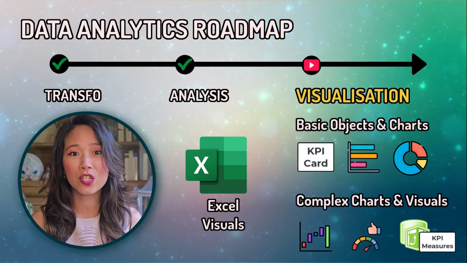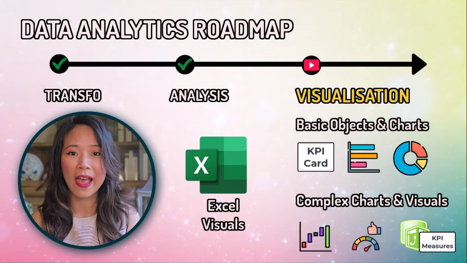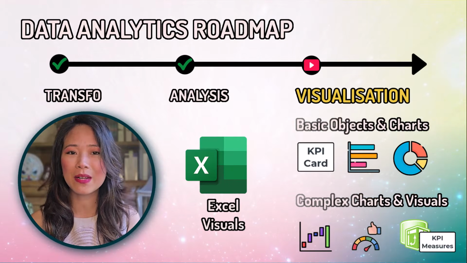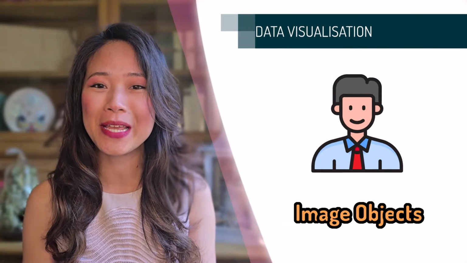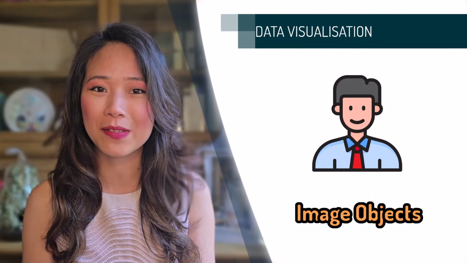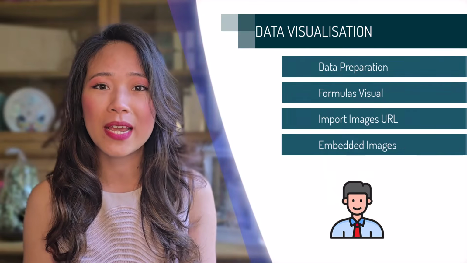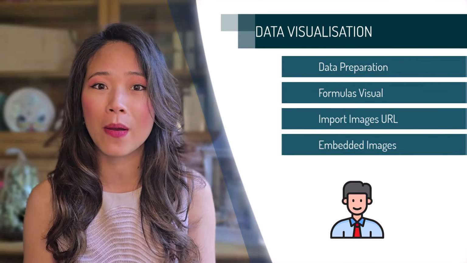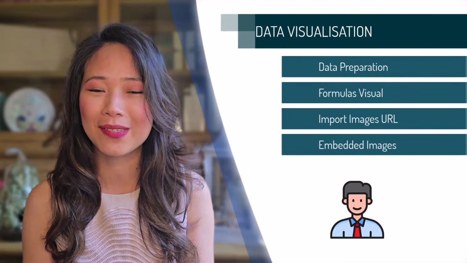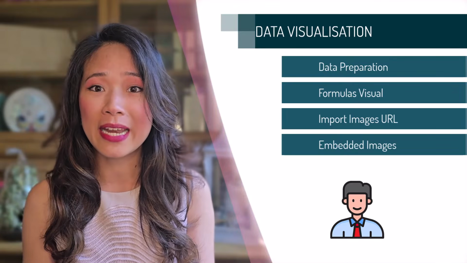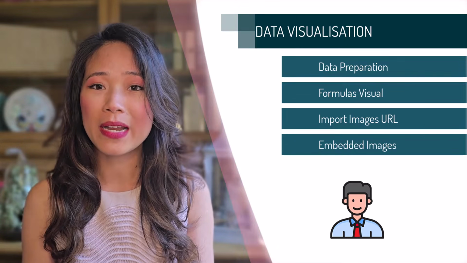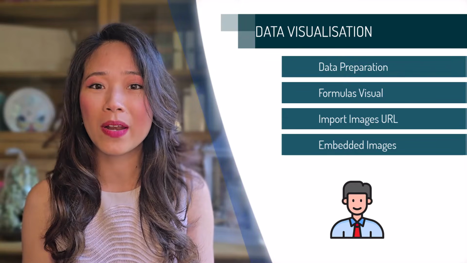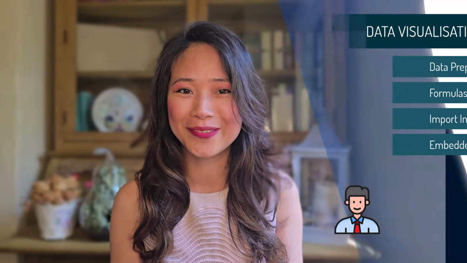We even dived into KPI visuals and heat maps inside the pivot table. In today's video, we're introducing a more powerful way to work with images and objects in Excel, including how to dynamically bring images from an external source to Excel and create dynamic embedded images in Excel, where images change instantly when the user interacts with the visual.